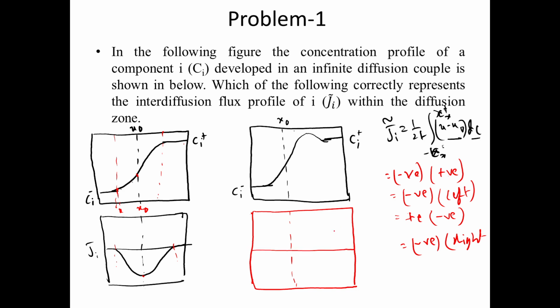I'll write the answer first. Okay, so here uphill diffusion is observed. This is nothing but uphill diffusion. That means it's a very interesting point observed by Darken.